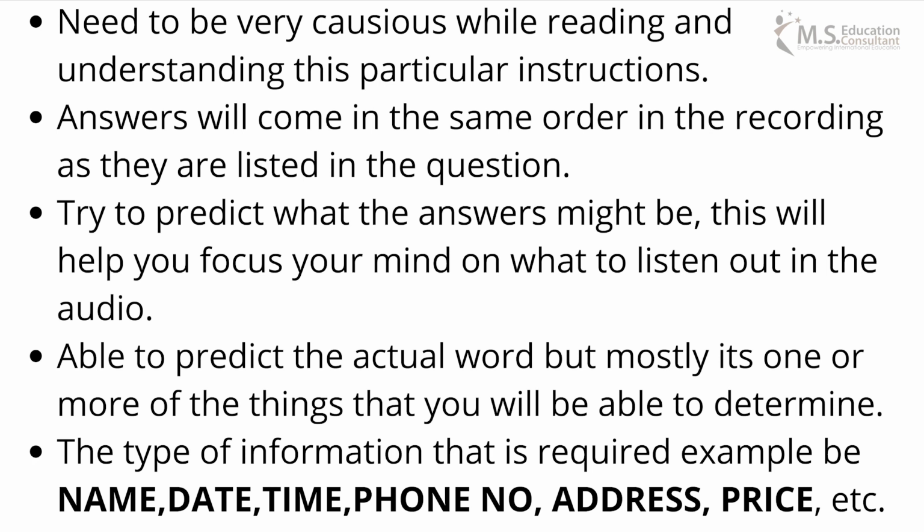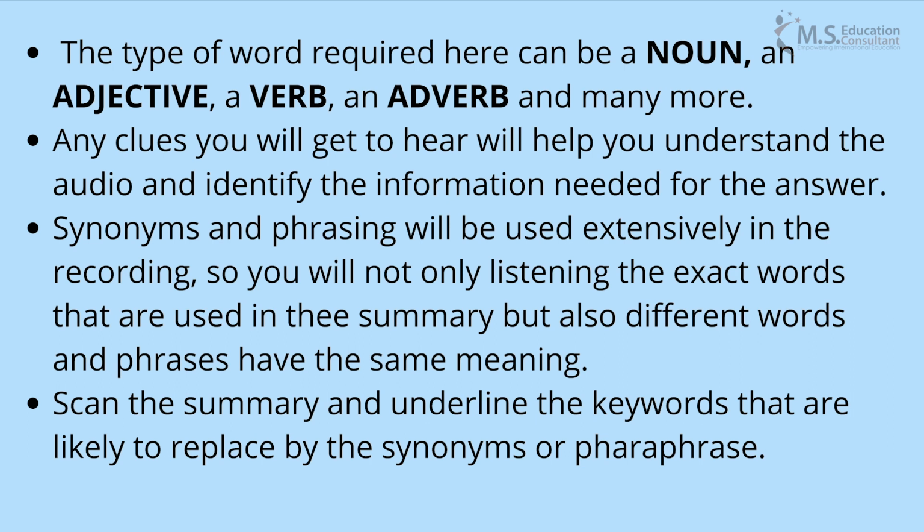Now, these are the types of information that are required, for example a name, a date, time, phone number, address, price, etc. Also, the type of word required here can be a noun, an adjective, a verb, an adverb, and many more. Any clues you can get over here will help you to understand the audio and identify the information needed for the answer.